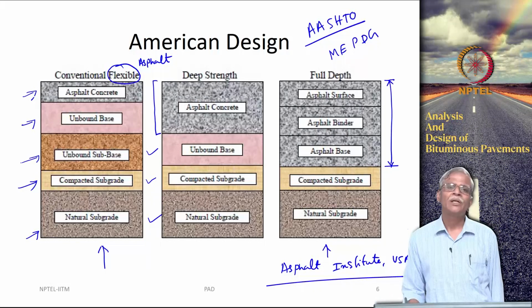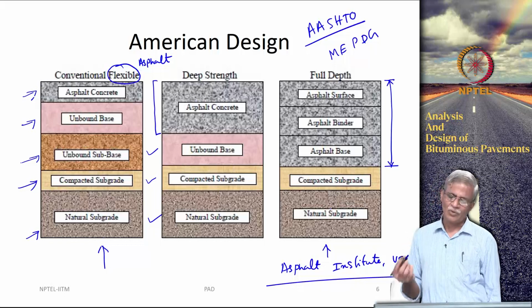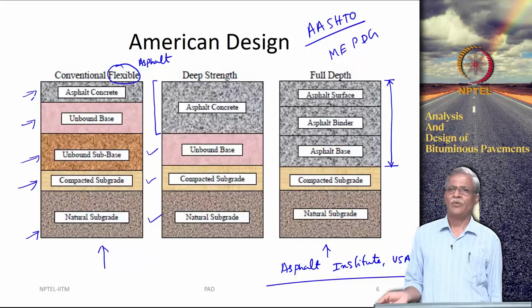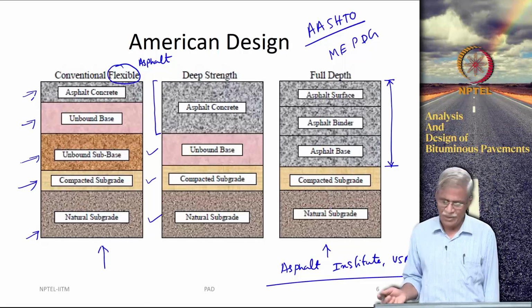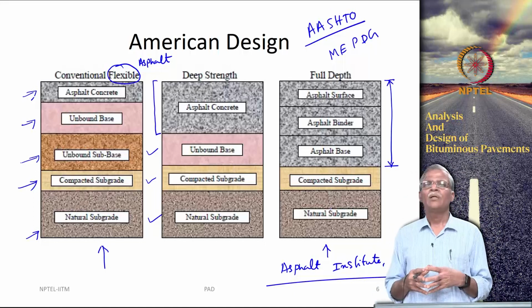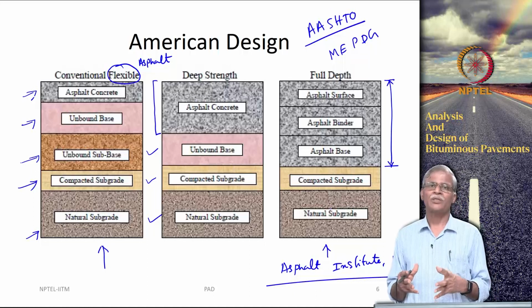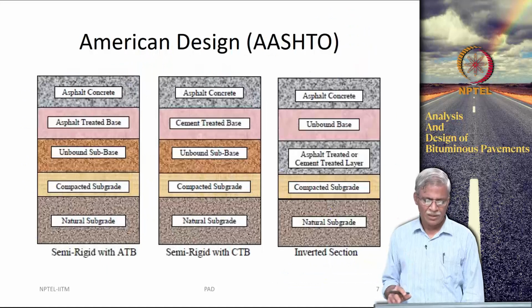So, what you really see is a compacted subgrade, then you have an asphalt base, asphalt binder course, asphalt surface course. So, obviously, the cost of these constructions are going to be very expensive. Some of these constructions are normally used in runways, sometimes in heavy duty industrial flooring. Okay. So, that is the American design.